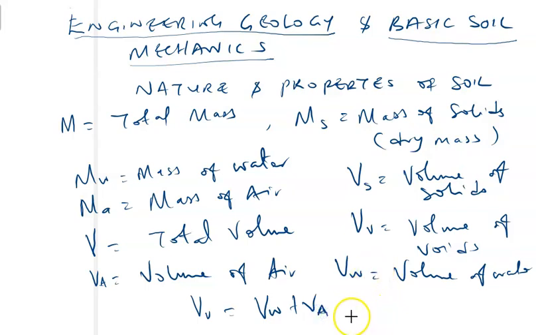Also V, the total volume, is equal to volume of solids plus volume of void. So these are the basic mass and volume related symbols.